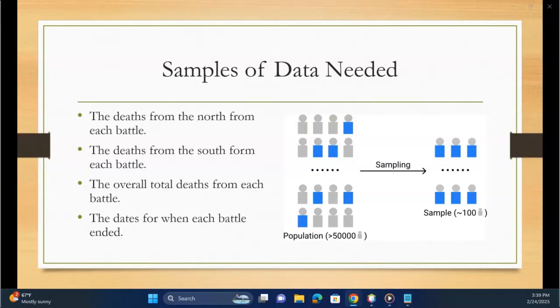We're also going to get the dates for when each battle ended. If you see on the right, just an example. So we're grabbing these specific battles and getting the information from them for our presentation to show off how brutal the United States Civil War was and why it should be remembered.